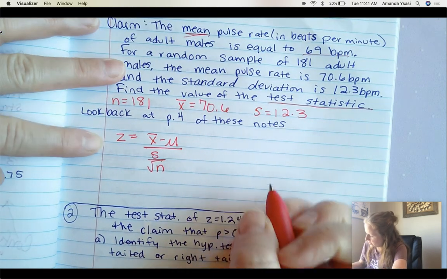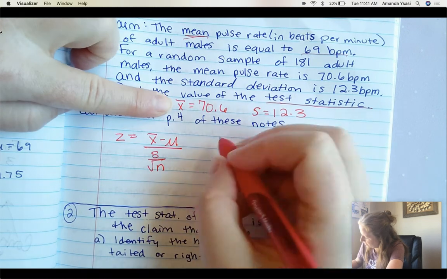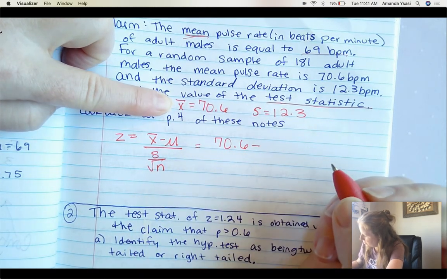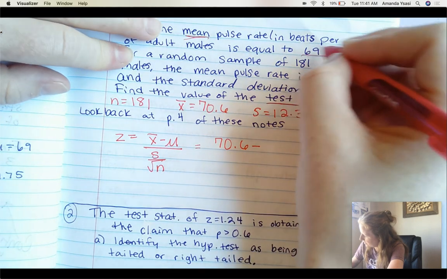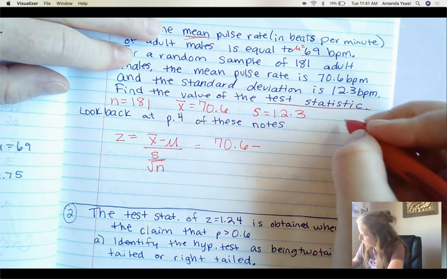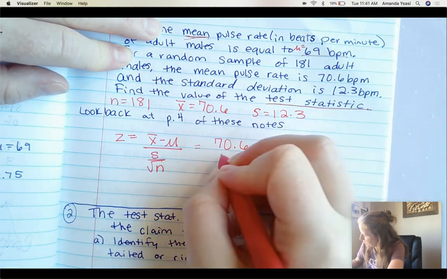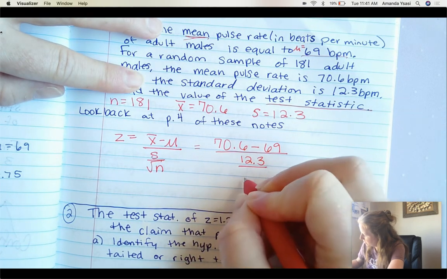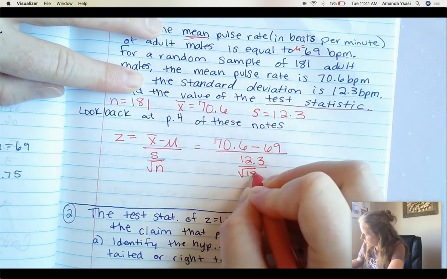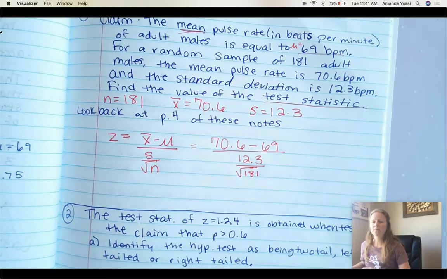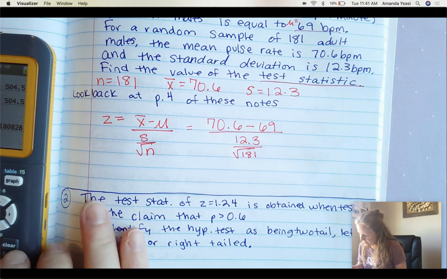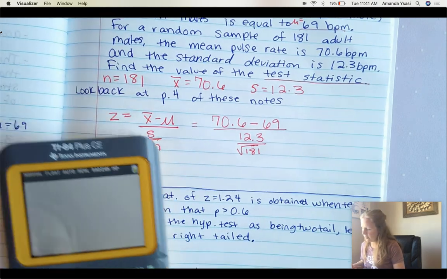So let's look. X bar is 70.6 minus mu. That is your mean that we're looking at. So this is mu, 69, over standard deviation 12.3 over square root of 181. So that's how we're going to find our test statistic. So let's see how we are going to do this.